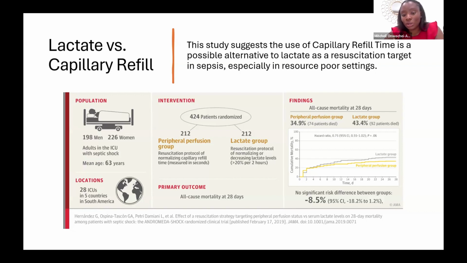So that's pretty much your good old physical exam. If you have none of these tools that I've talked about, and if lactate is not available to you, you can settle for a physical exam, look to see if the capillary refill time is improving as you're given volume resuscitation. And that is pretty much all I have.